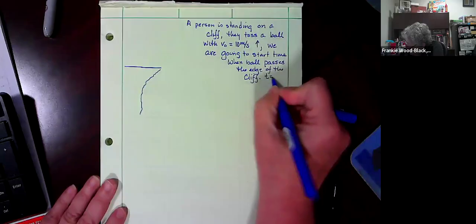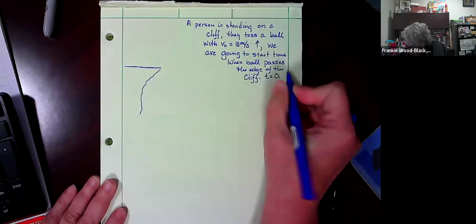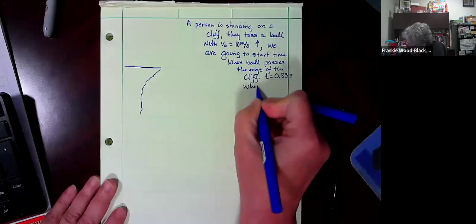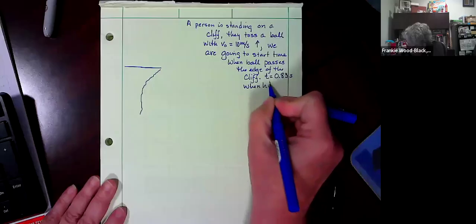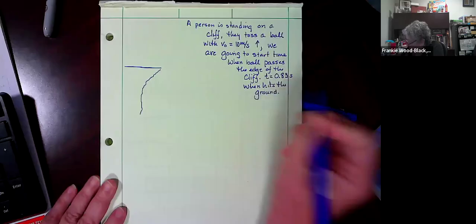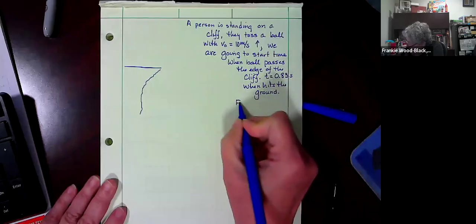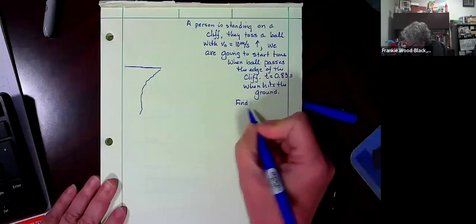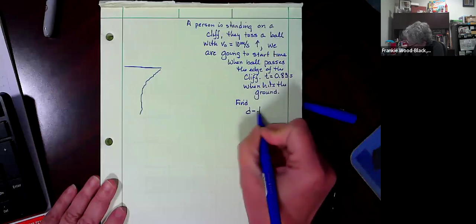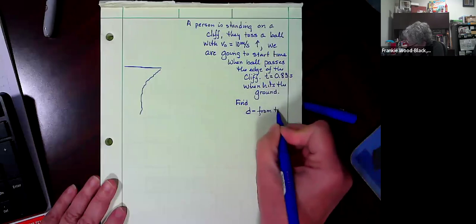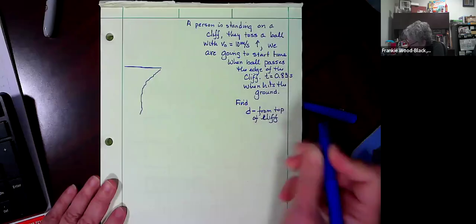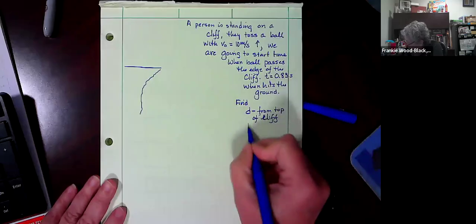T is going to equal 0.83 seconds when it hits the ground. We're going to find the distance from the top of the cliff to the ground.